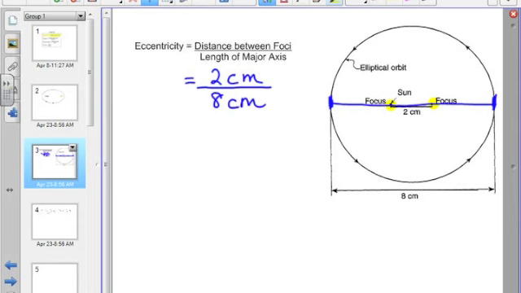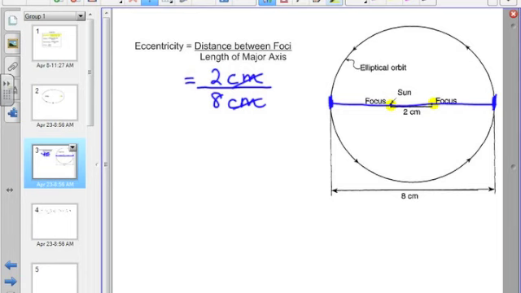Now you'll notice that centimeters over centimeters, whenever we have two units that are the same in the numerator and the denominator, they can cancel each other out. And that would be true whether we're measuring centimeters on a diagram or real world values in millions of kilometers. You're still going to have millions of kilometers on the top and on the bottom.